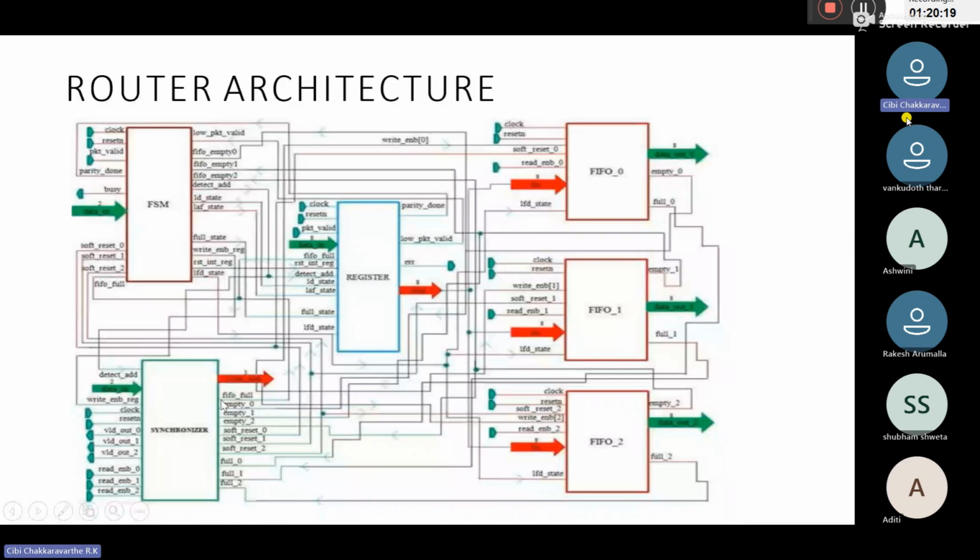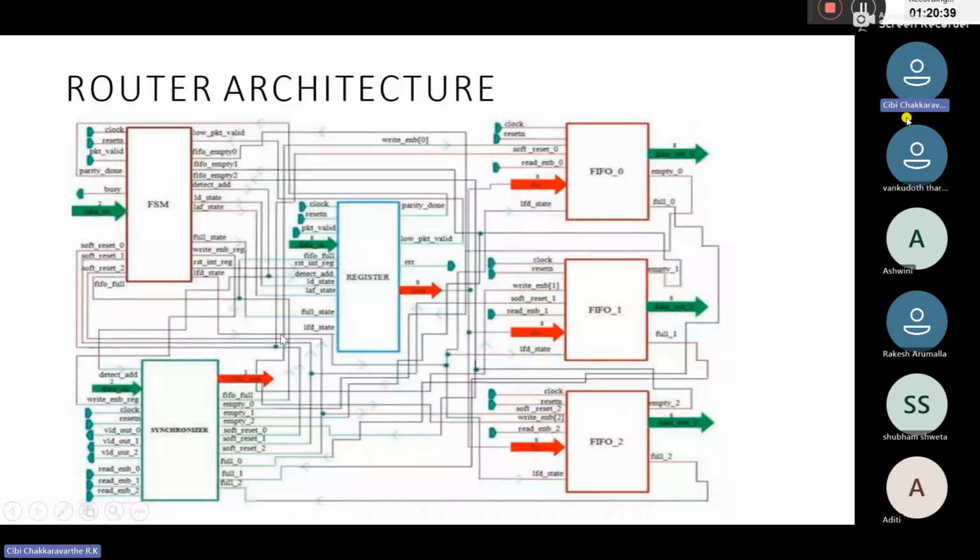So it will assert a FIFO full signal and move this signal to the FSM. Now our FSM will come to know that our FIFO is full, so it will turn to the full state. It will give this to the register, so the register will come to know that our FIFO is in the full state.